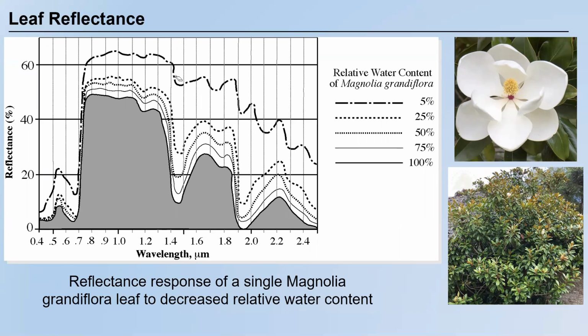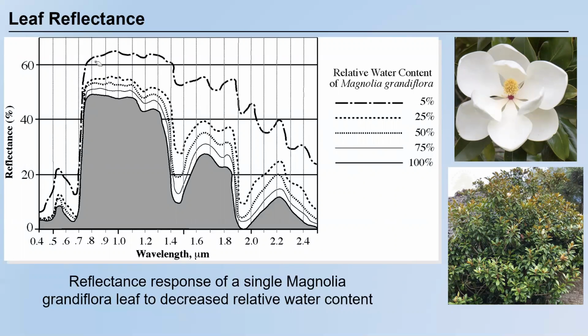So we have several reflectance spectra for the same plant, this very beautiful flower. Within this figure, why several? Because each one represents a reflectance spectrum for a specific percentage of water content.